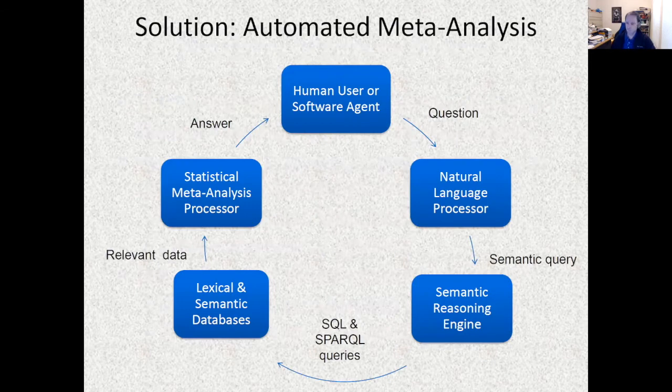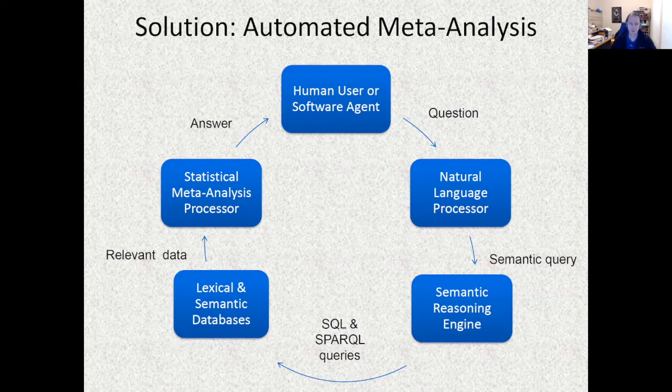So, can we build software solutions that actually do or make some kind of initial automated attempt at a meta-analysis of the published literature? And what would it involve?